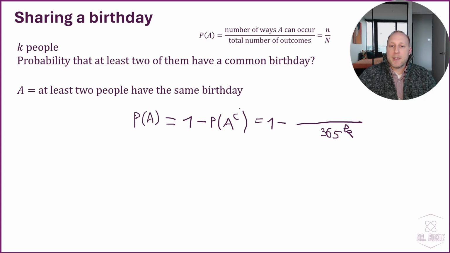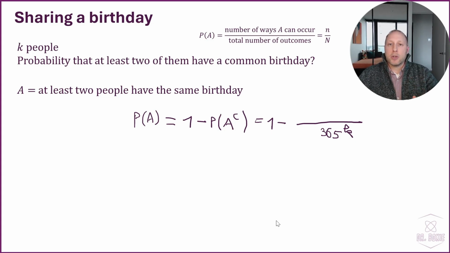That means the first person has 365 possible days that they can have their birthday on. The second one can only have 364, because you don't want that second person to share his or her birthday with the first person.